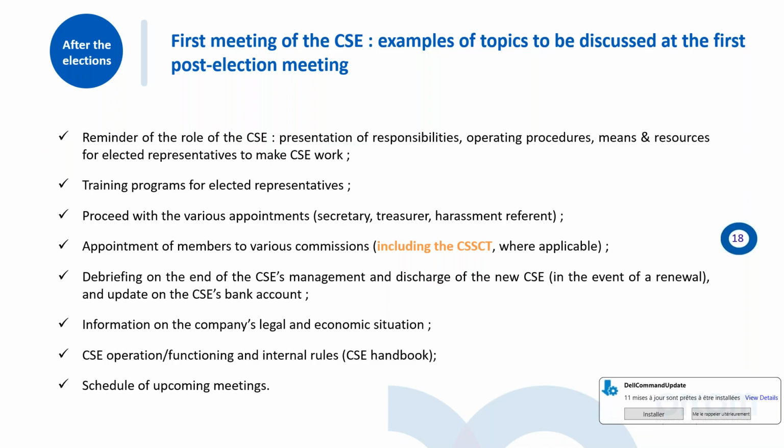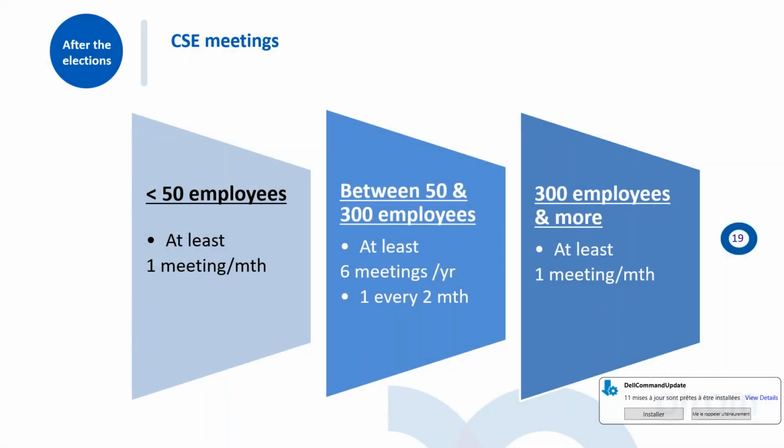Who are the shareholders, etc., etc. Also, you can give information on CSE operation, functioning, and internal rules, and it's also maybe the right time to talk about the opportunity of setting up a CSE handbook, which is a very useful document that explains the way the CSE is going to function. And also you can schedule the upcoming meetings. So all those topics can be talked about during the first meeting.